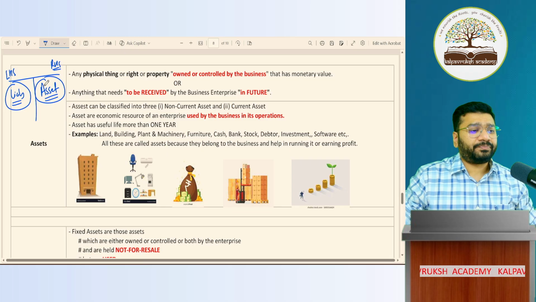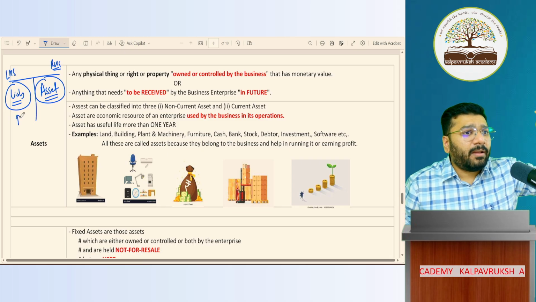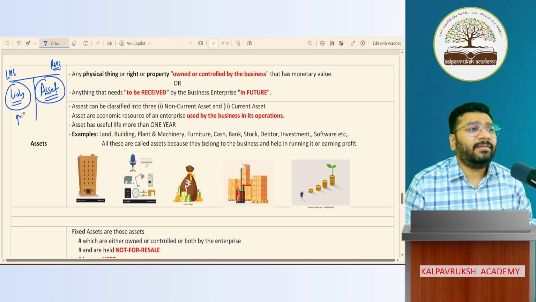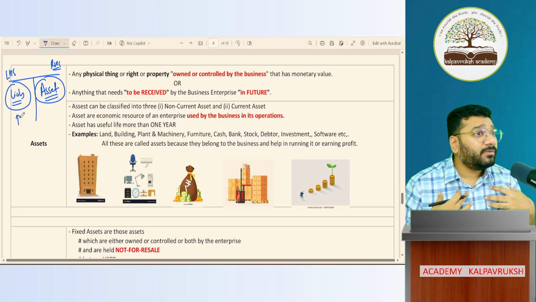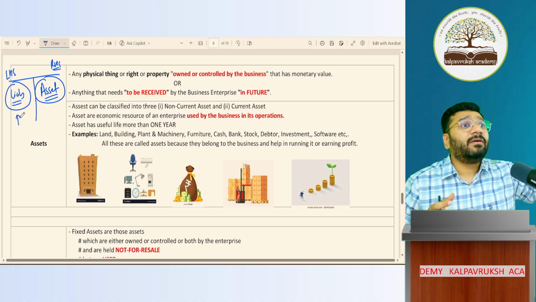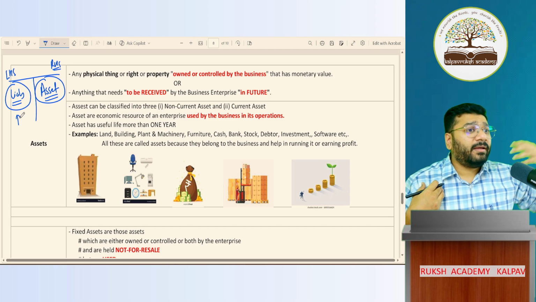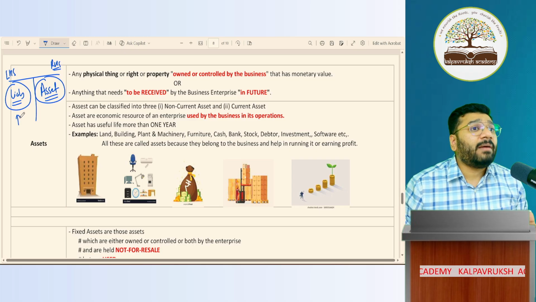Now, tell me, what is meant by liabilities? Did I say liabilities are expenses? What did I say? Anything that the business owes to anyone in future is a liability.